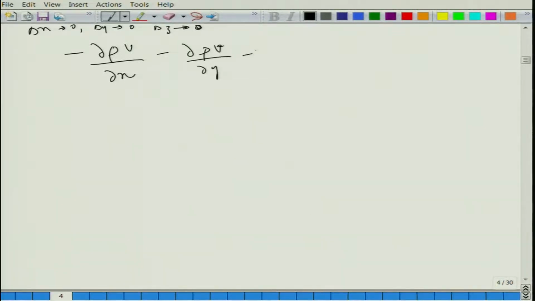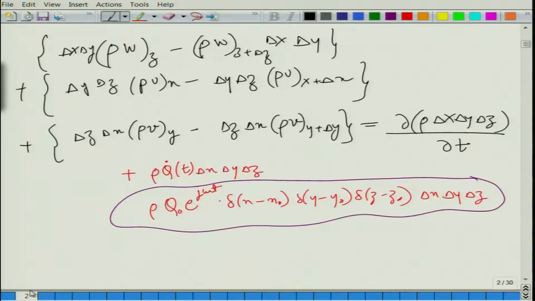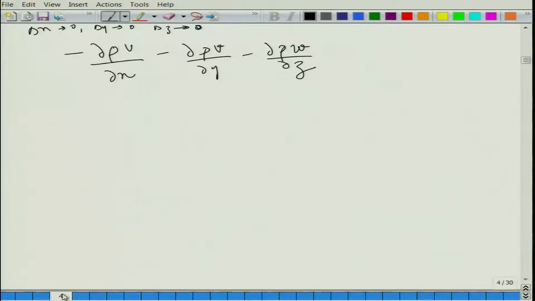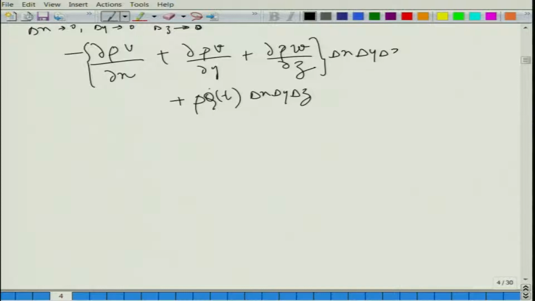You will have this is equal to this thing plus rho q delta t delta x delta y delta z. I would do it something like this, is equal to rho naught, which is again taken common.